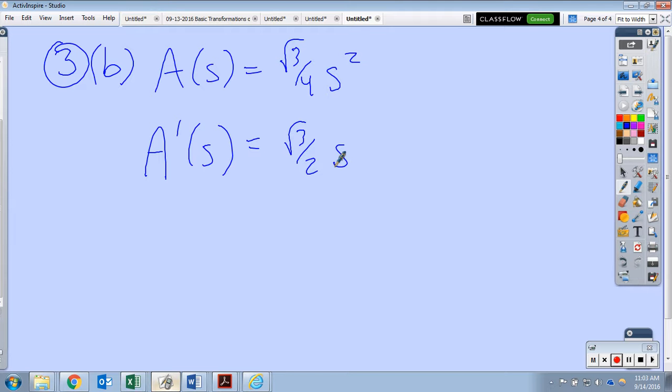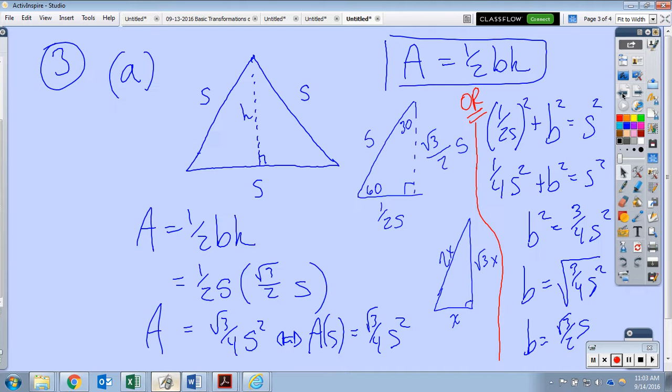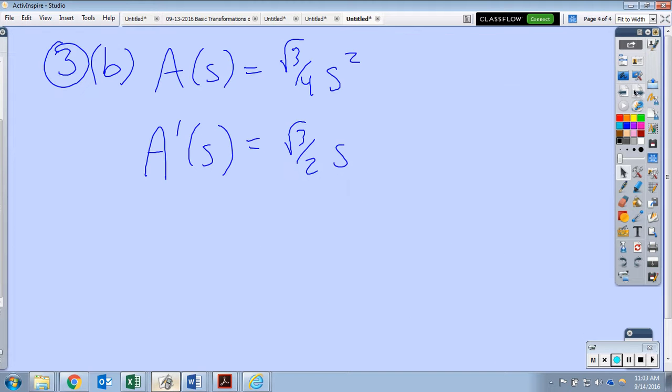And then we have S left over, drop down a power, and that's it. And so square root 3 over 2 S happens to be the height. Yeah. Just looks like a coincidence.